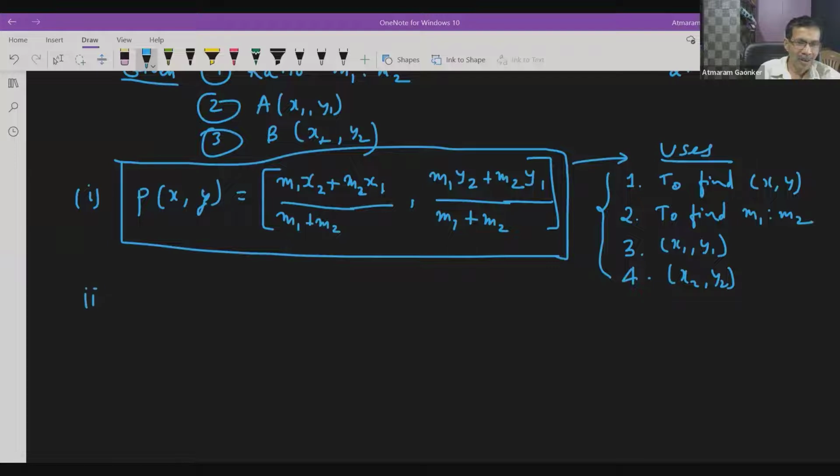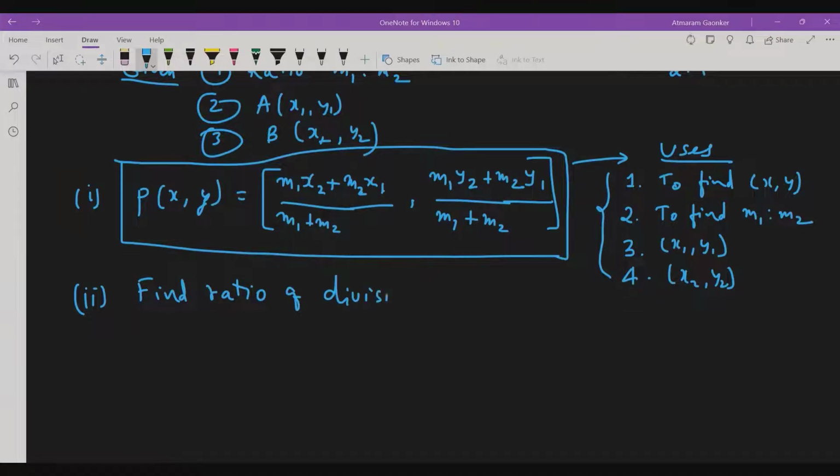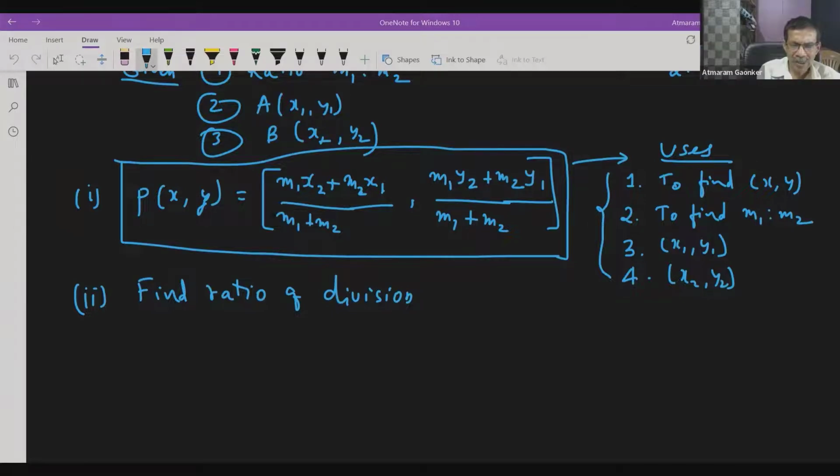In second, there can be a problem to find the ratio of division. Then there is one more formula which is the same as the first one, with a little difference. Assume m1 is to m2 is equal to k is to 1.